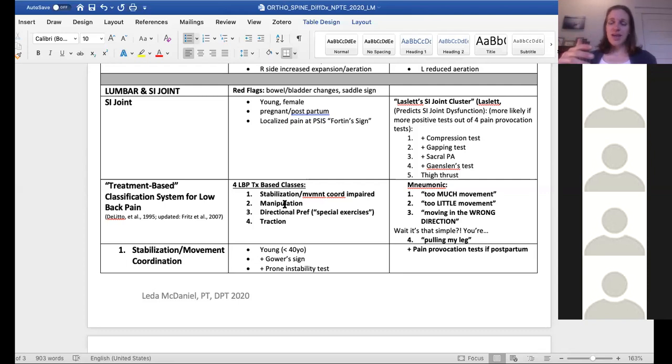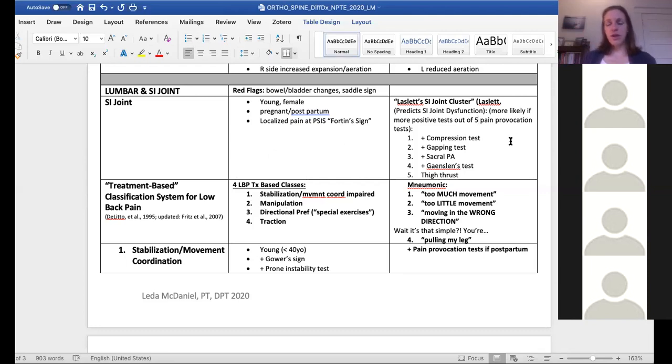Specific SI testing to differentiate between, is this an SI joint issue or is it more of a lumbar low back pain issue, the best research tests, or the tests that really stand up to the research, are going to be this cluster of pain provocation tests that Laslett has described. I think I have 4 in here.